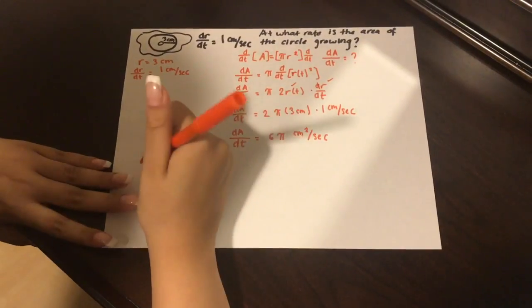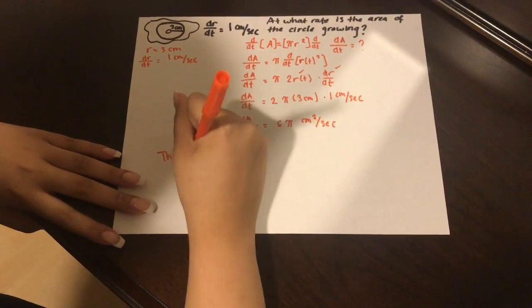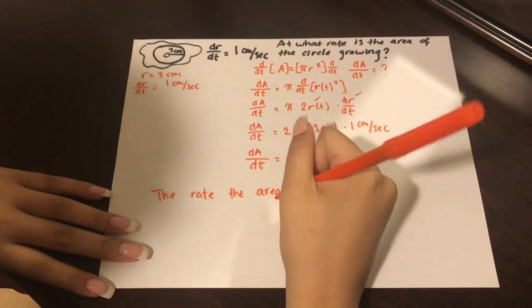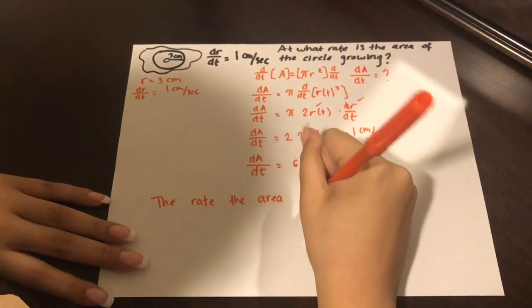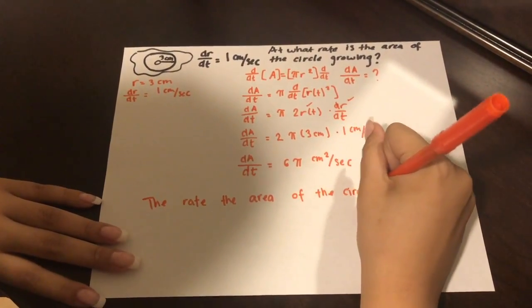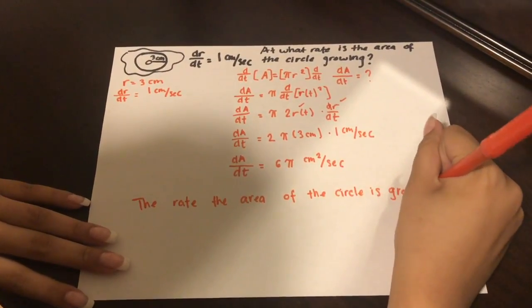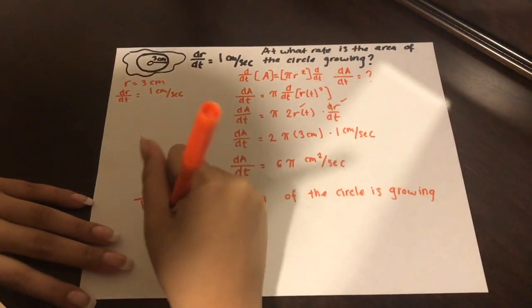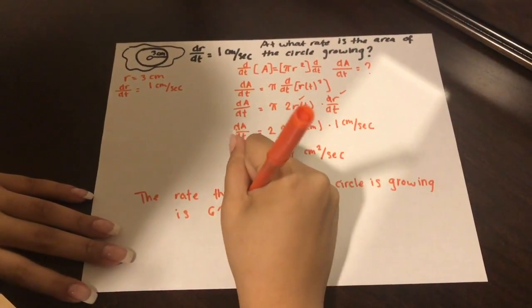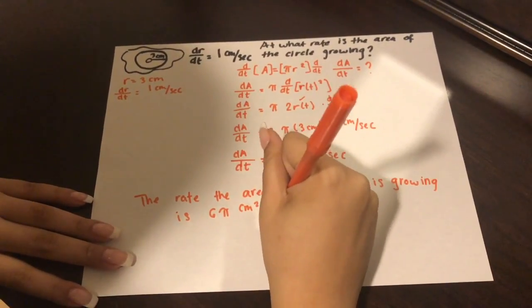So the answer we have is that the area of the circle is growing at 6 pi centimeters squared per second.